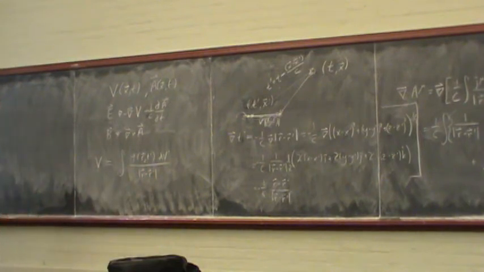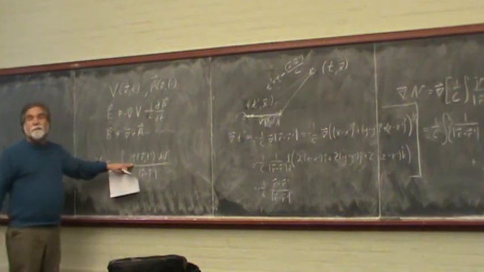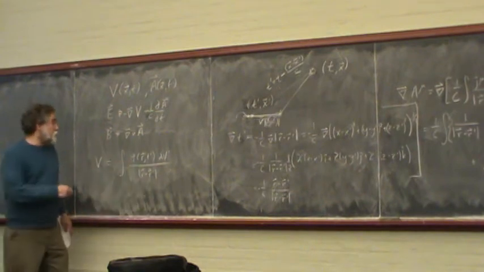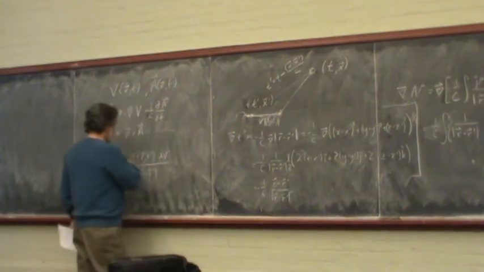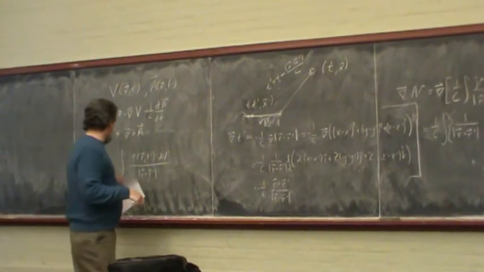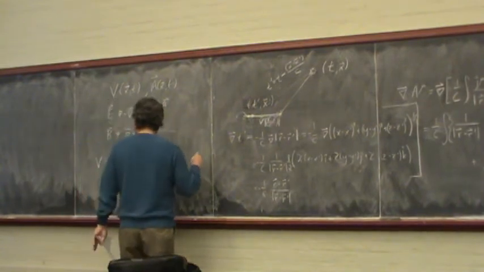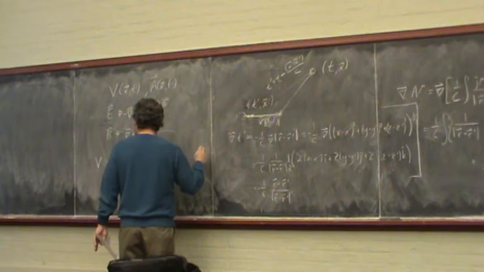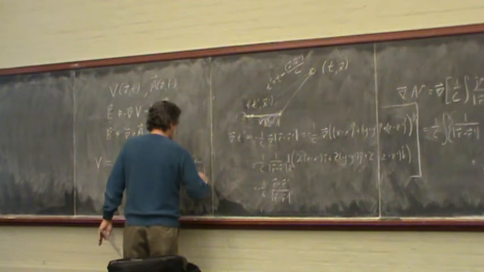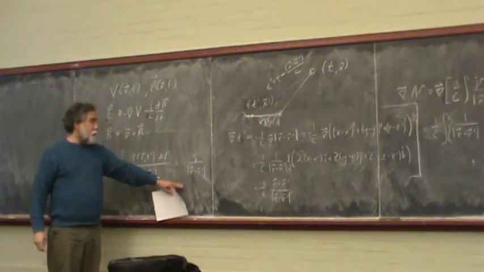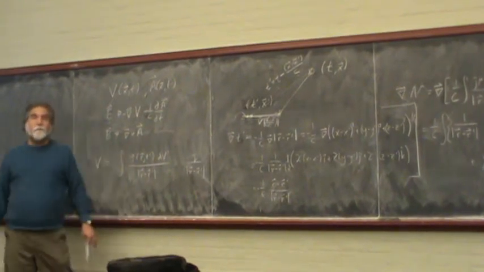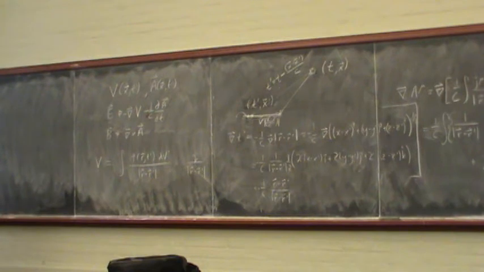Now, you might think that if I take a point charge, the point charge comes out of the integral, and I should just end up with Q over the magnitude of r minus r prime. In static form, that's what we would get. It's the potential, okay? But not so fast.